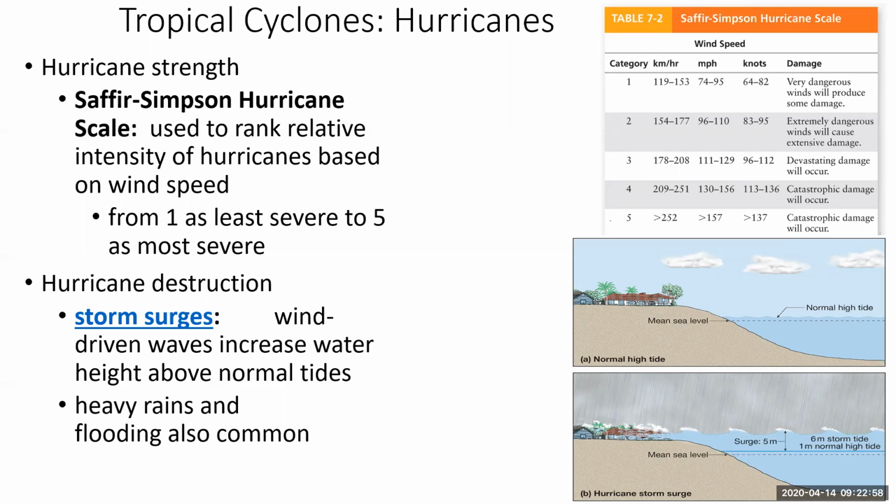It happened with Michael, I think it was in Florida two years ago or so. They're just not moving very fast anymore. And when that happens, it can cause a huge amount of damage because they're dumping a lot of water. In some cases, people were reporting with Michael that entire beaches were disappearing because the storms were picking up all the water and spinning it, and so they'd pick it up from the beach.